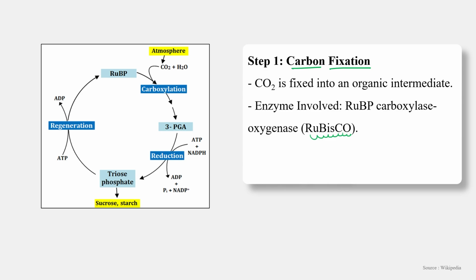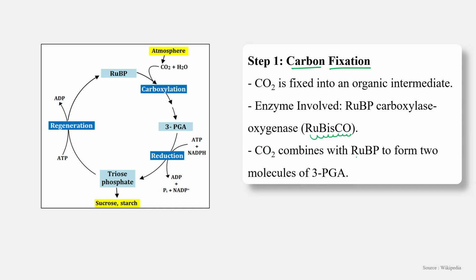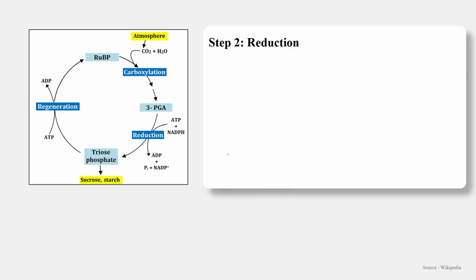So this carbon dioxide combines with ribulose bisphosphate, the primary acceptor, to form 2 molecules of 3-PGA.